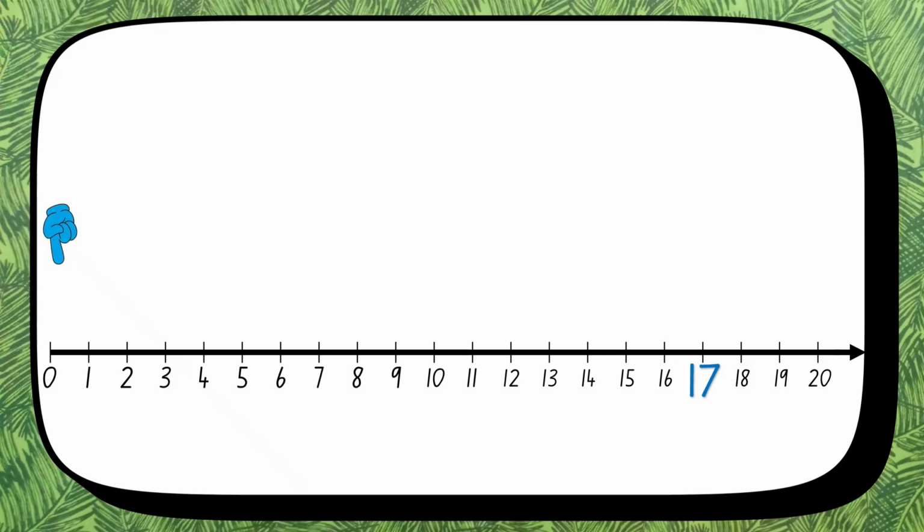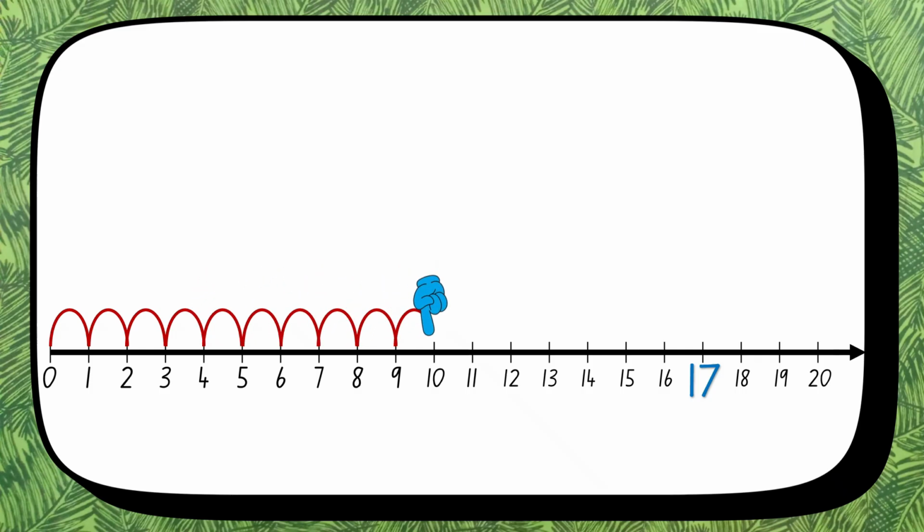Point along with your finger. Ready? 0, 1, 2, 3, 4, 5, 6, 7, 8, 9, 10, 11, 12, 13, 14, 15, 16, 17.